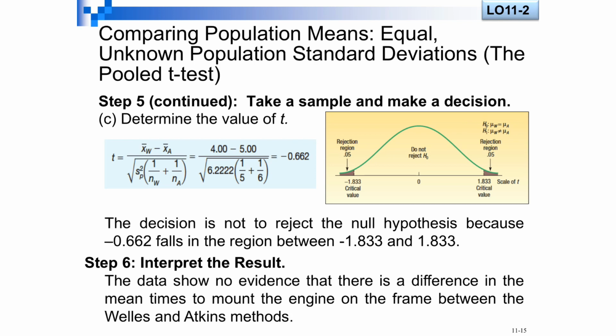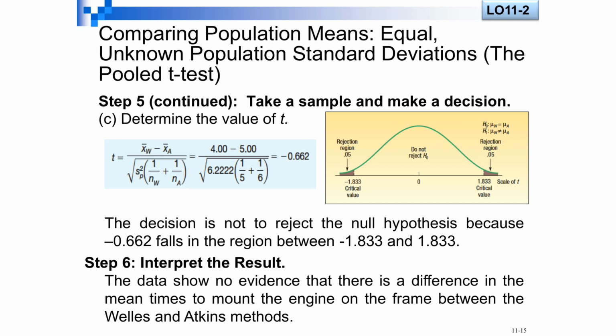Now we compare the value from the formula with the value from the table, and we see whether the value that we get, minus 0.6, is in the rejection area or in the acceptance area. We see that it is exactly inside the acceptance area.